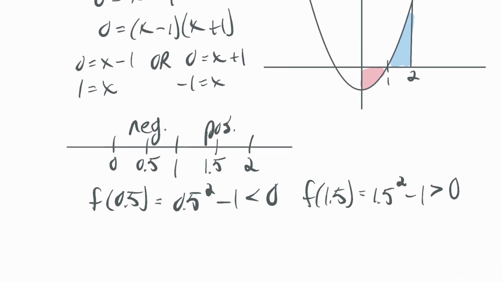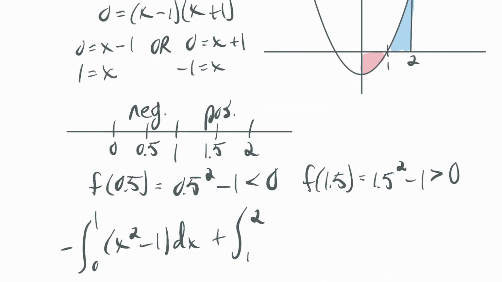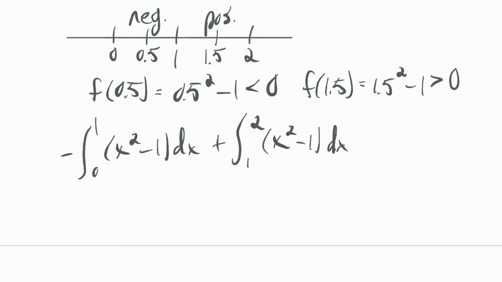So that means to get the area, I want the negative of the integral from 0 to 1 of x squared minus 1 dx. And I want to add to that the integral from 1 to 2 of x squared minus 1 dx. Okay, so this equals, I don't have anything else, do I? Yeah, it's the last example.